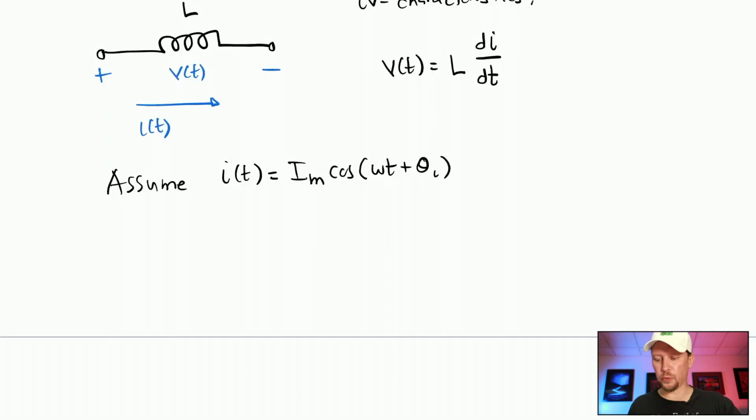Now, we can derive exactly what the IV characteristic is going to be, what the voltage function is going to be as a function of time, by taking this assumed form for the current and actually cranking it through the time derivative.